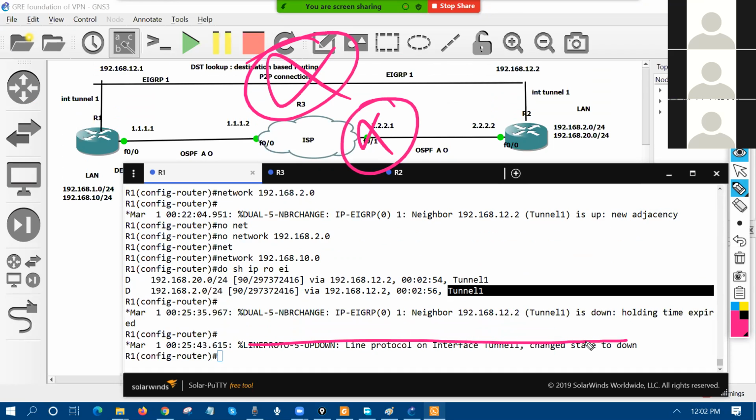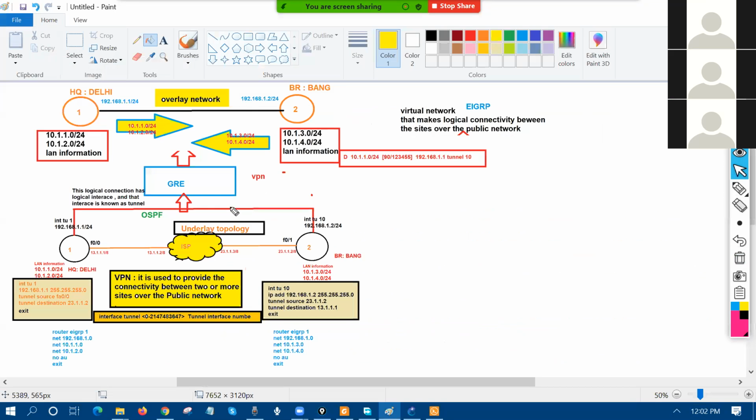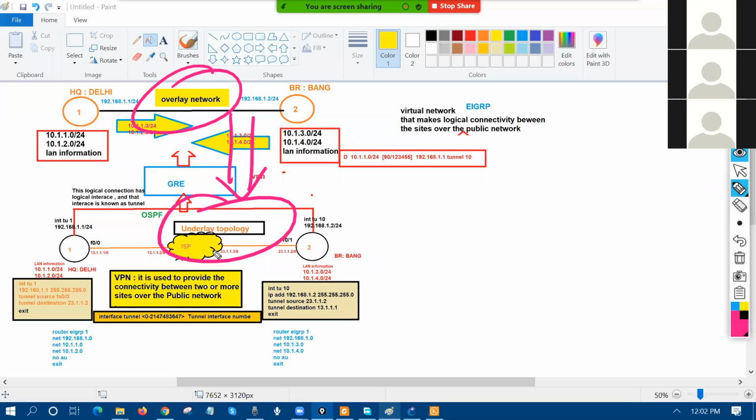So my overlay, can you see the state? My tunnel is also down. My overlay network is totally relying on the underlay. If your underlay is working fine, you will achieve the overlay.